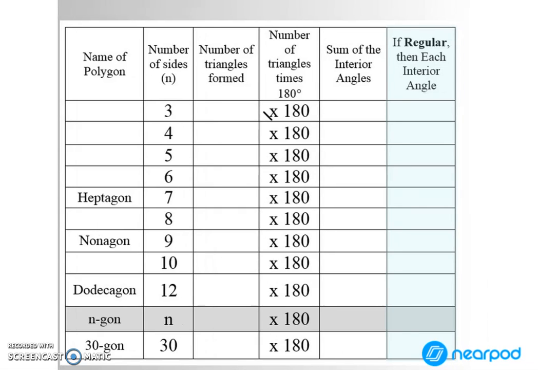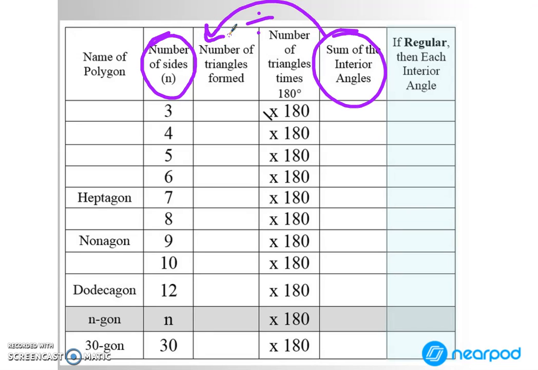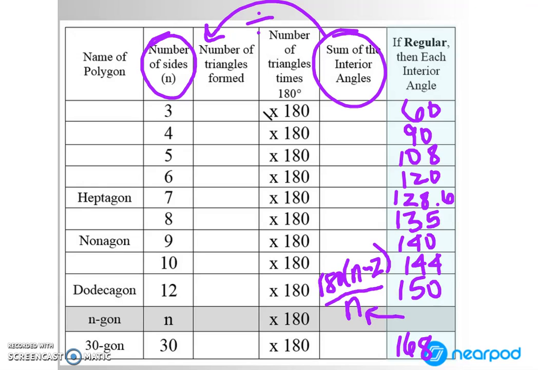So then you can fill in the rest of the table by taking this number divided by this number. So do that. So this is what you should have gotten there.